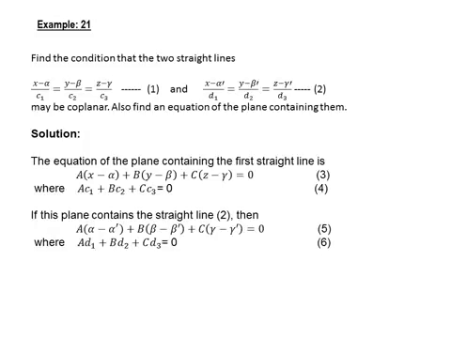If this plane contains the straight line 2, then the equation becomes a(alpha minus alpha dash) plus b(beta minus beta dash) plus c(gamma minus gamma dash) equals 0, say equation number 5, where a d1 plus b d2 plus c d3 equals 0 is equation number 6.